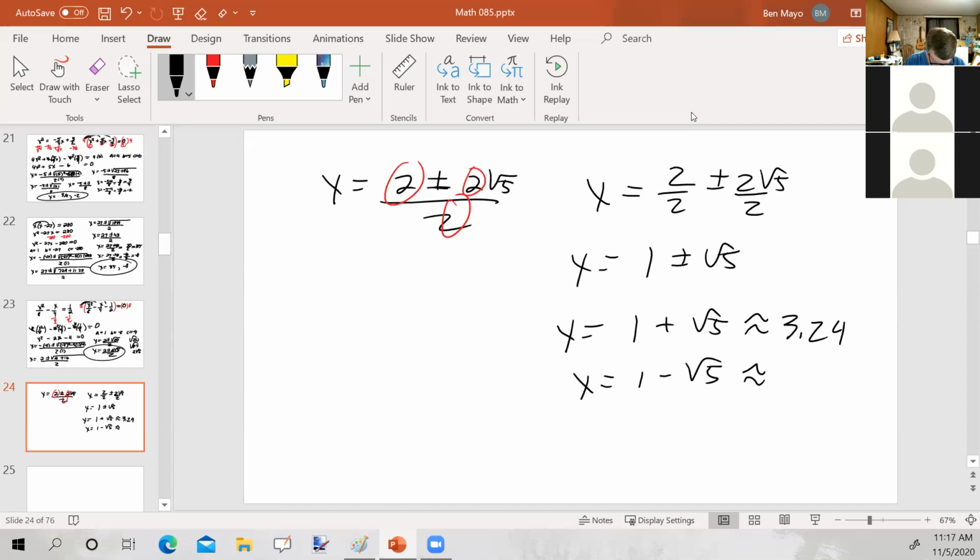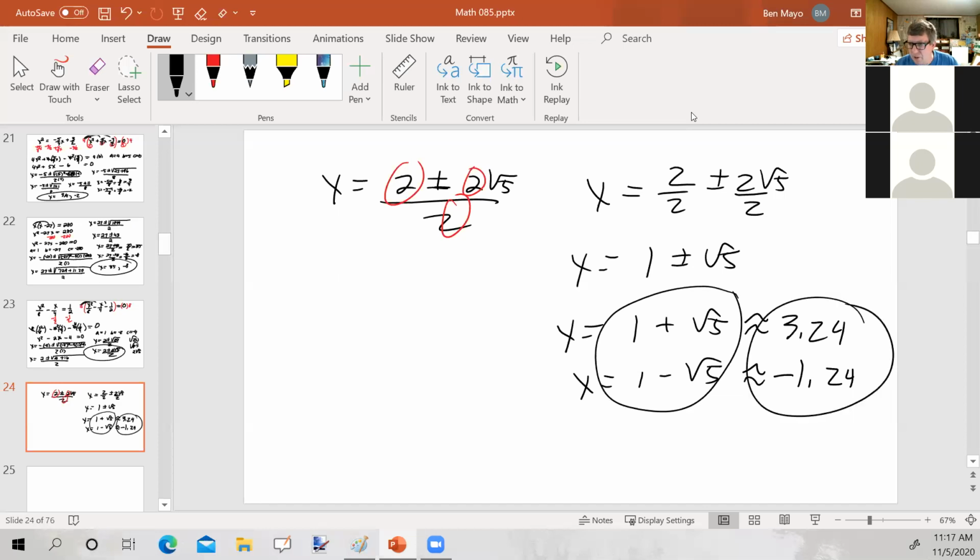And then let's see, 1 minus the square root of 5 is approximately negative 1.24. Again, rounding to the nearest hundredth, so you go to the thousandth place: 5 and above rounds up, 4 and below rounds down. All right. So here we have 2 exact solutions, 2 decimal approximation solutions.